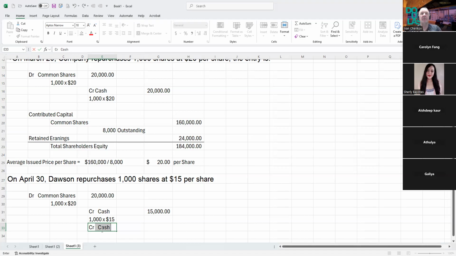So if this happened with the common shares, let's think about what exactly happened. You have an investor investing $20 for one of your shares. Later on, you buy from the same investor the same share for $15. What happened with the $5 difference?